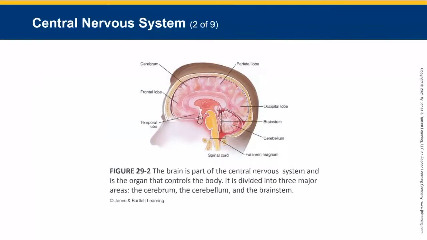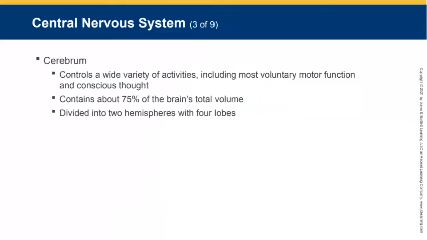The brain is part of the central nervous system and is the organ that controls the body. It is divided into three major areas: the cerebrum, the cerebellum, and the brainstem. The cerebrum controls a wide variety of activities, including most voluntary motor function and conscious thought. As I stated earlier, everything that we must think about is going to be the cerebrum.